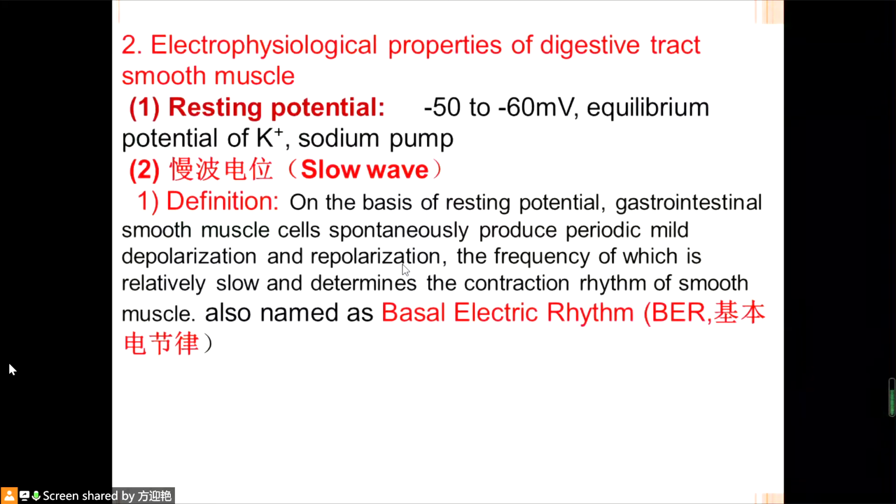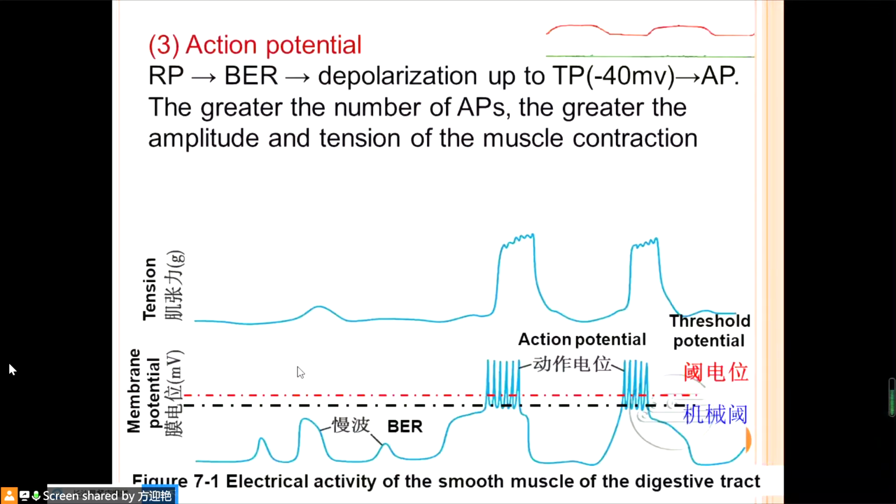Only an action potential can lead to contraction. We know that electrical actions and contractions are coupled, and then lead to muscle contraction. You should know this mechanism.